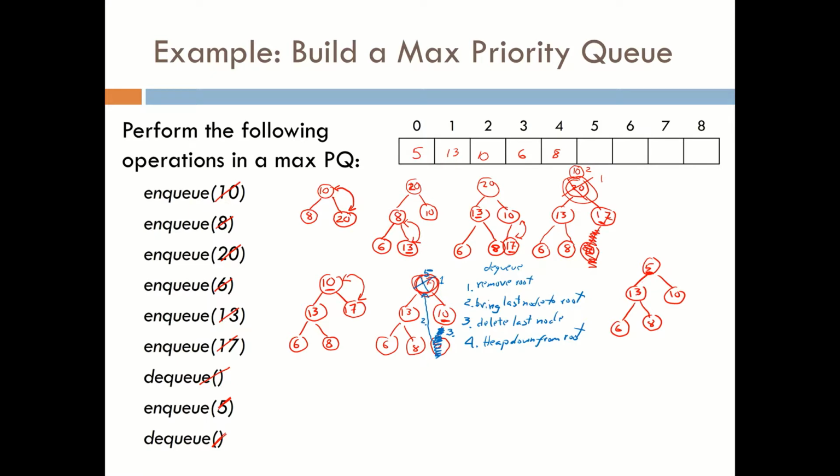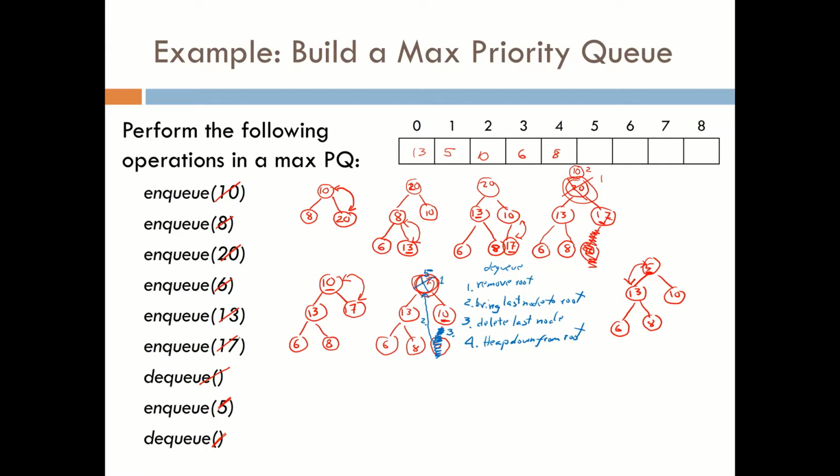So we will take the 13 and swap it with the 5, okay? And now in our array, all we're doing is putting something in the temp and swapping it about. So now the 13 is here and the 5 is here.